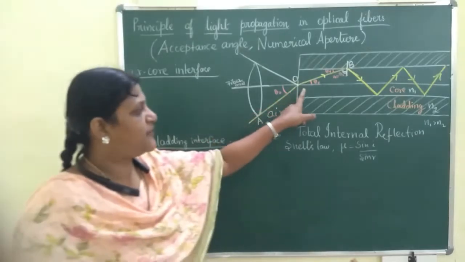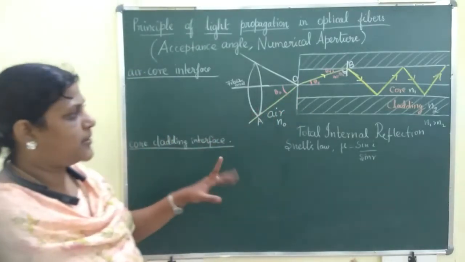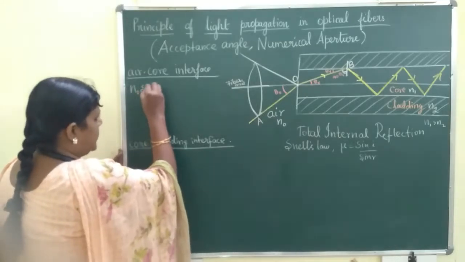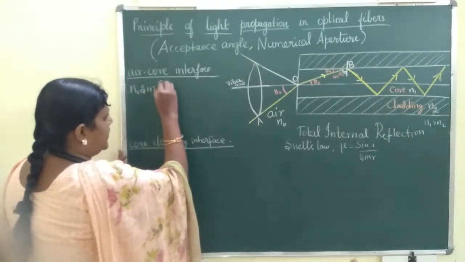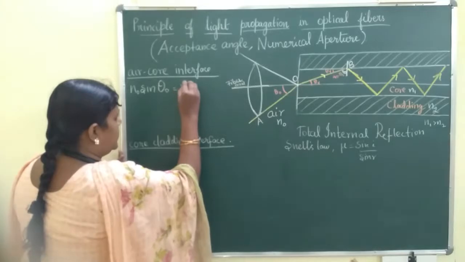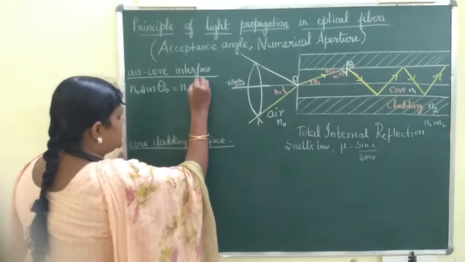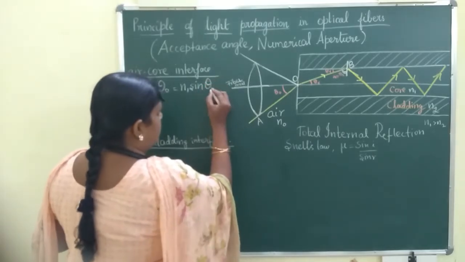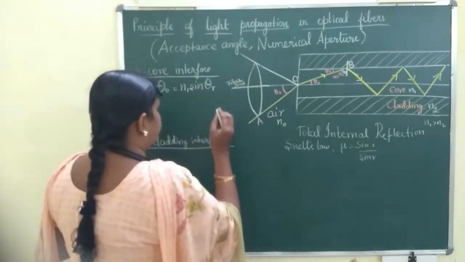So here the refractive index is n1. So how am I going to write this? n0 sin theta naught equal to n1 sin theta r. Okay.